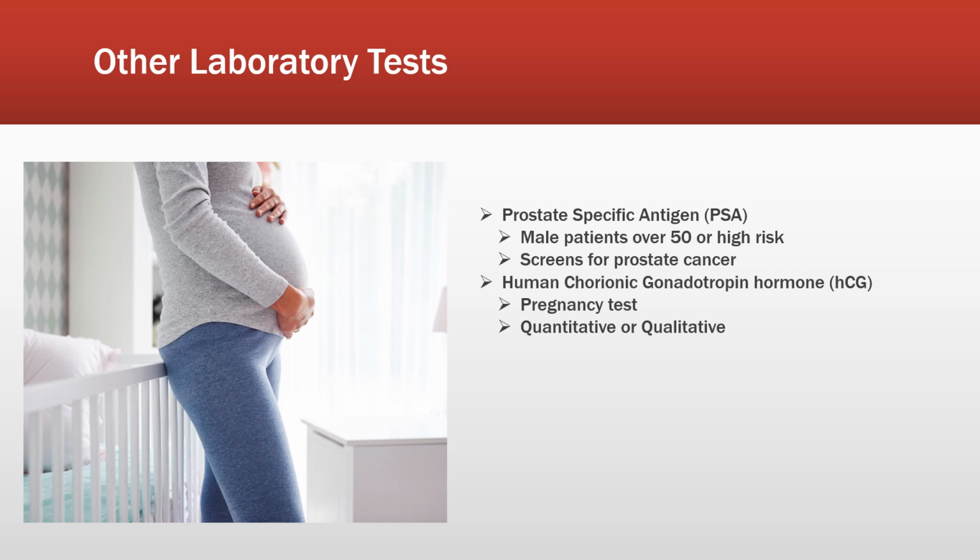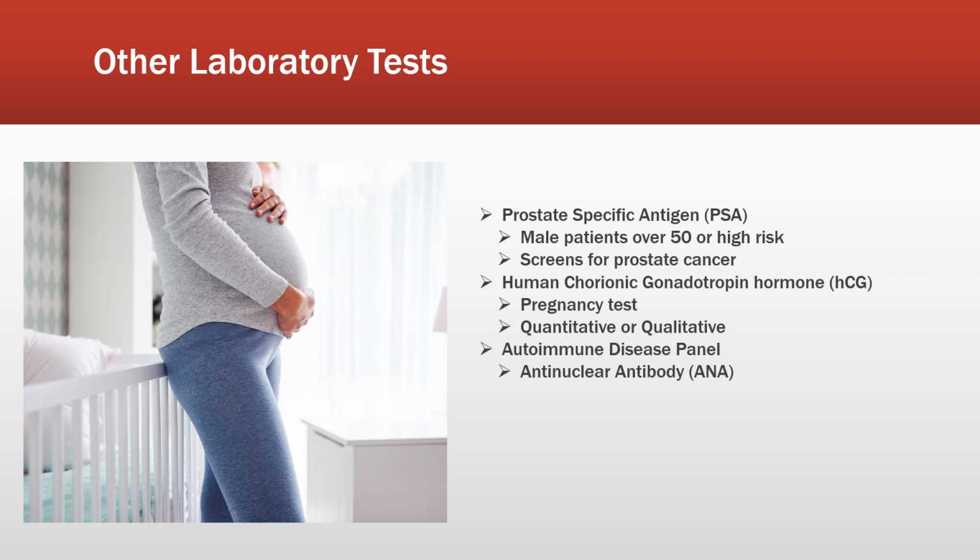An autoimmune disease panel may be ordered if a patient has a family history or symptoms consistent with a variety of autoimmune disorders. The anti-nuclear antibody, or ANA test, is the first-line testing and is considered the gold standard because of its high sensitivity.